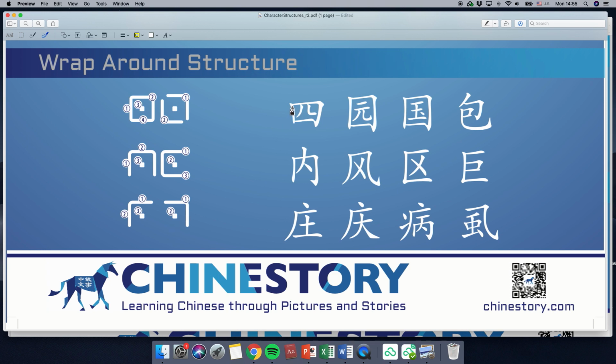According to stroke order rule number 4, you always write the outside first, then move inside, and last to close.